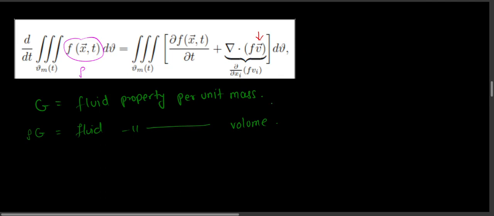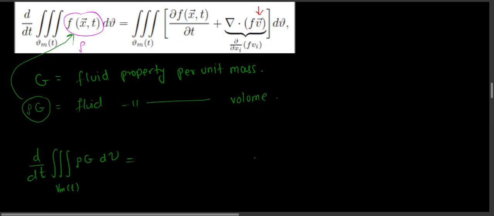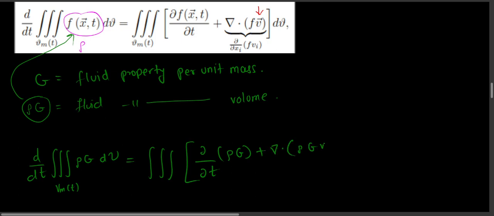Now let's input this rho G as f of x, t, and see what result we get. We have d by dt of the triple integral of rho G dV, over the material volume, and this equals the triple integral of del by del t of rho G plus divergence of rho G times the velocity, dV.